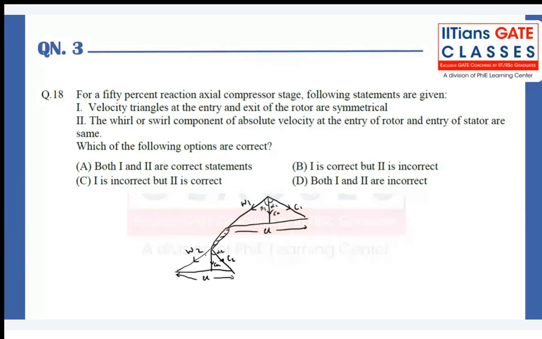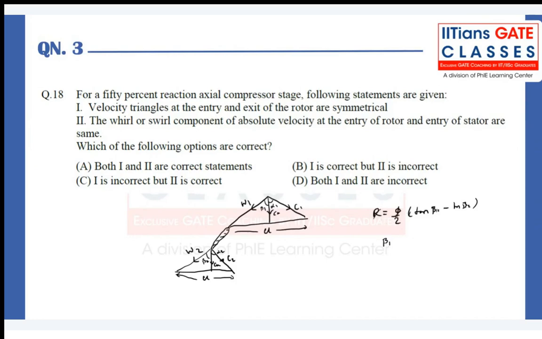Alpha 2, beta 2. So now if I look at the degree of reaction equation, that says me phi by 2 (tan beta 1 minus tan beta 2) kind of way. So if R is equal to 1 by 2, that gives me beta 1, sorry, not this equation.